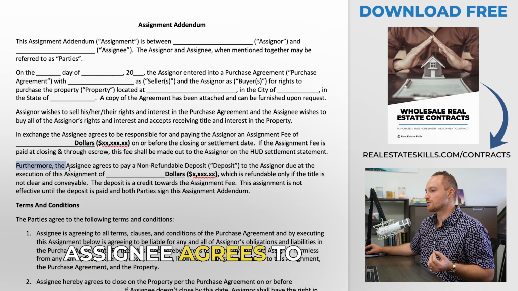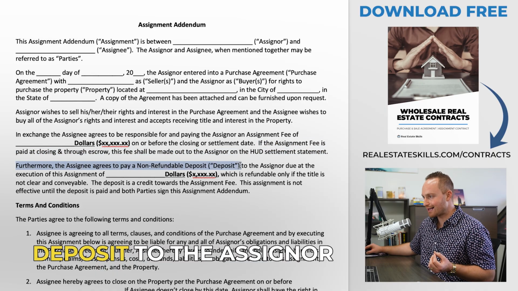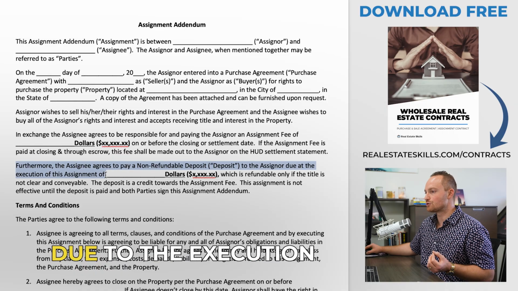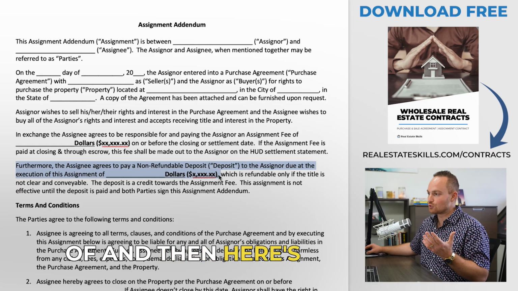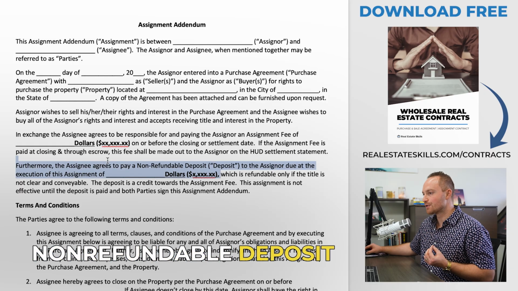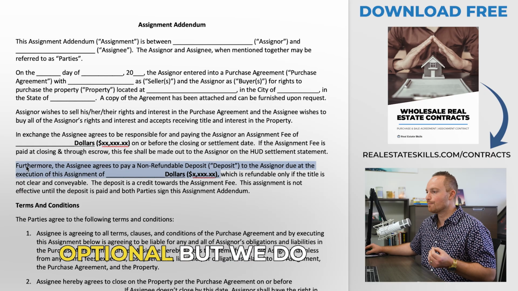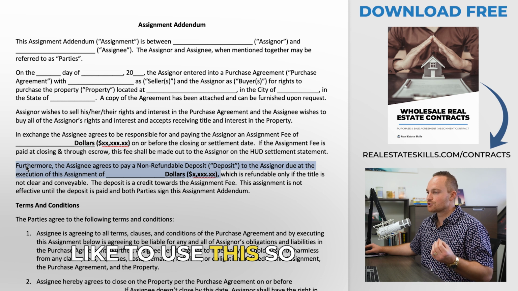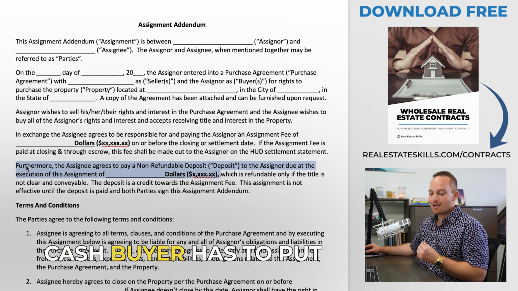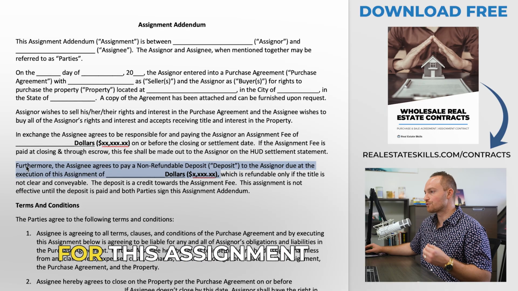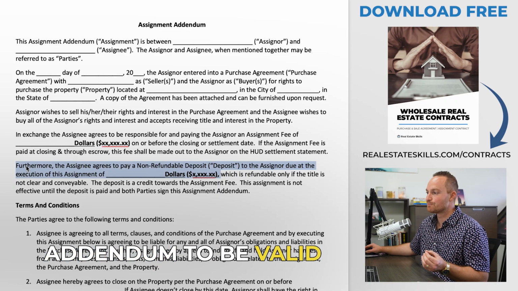Furthermore, the assignee agrees to pay a non-refundable deposit to the assignor due at the execution of this assignment of, and then here's where you can put a non-refundable deposit. So this section is optional, but we do like to use this so that the assignee, right, your cash buyer, has to put up some money in order for this assignment addendum to be valid.